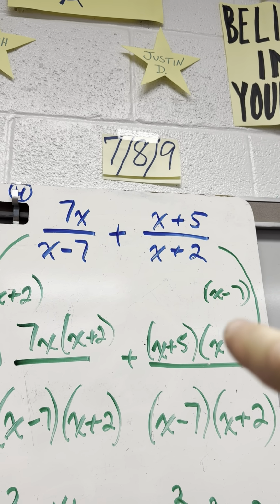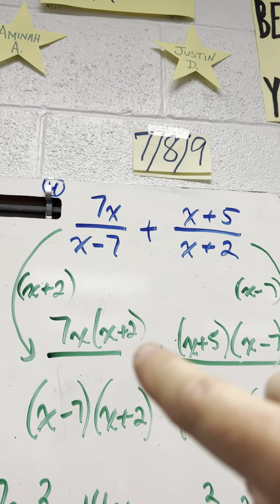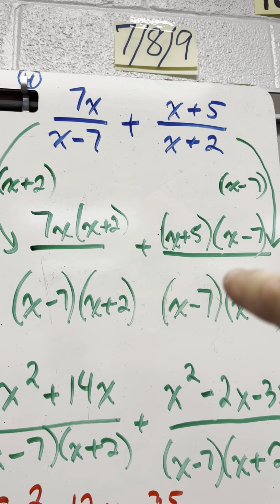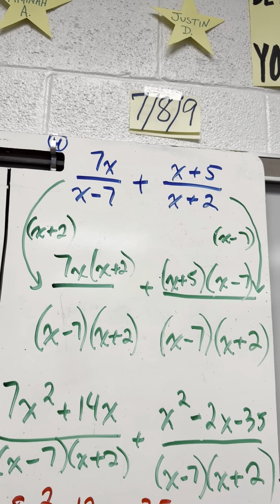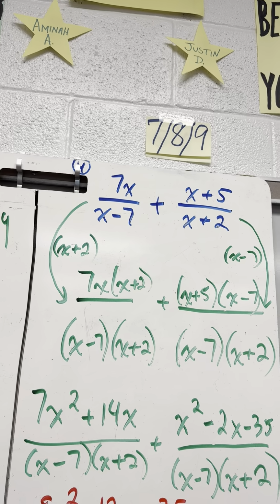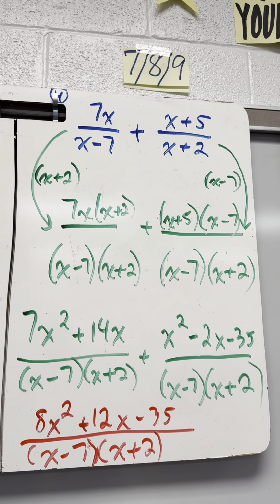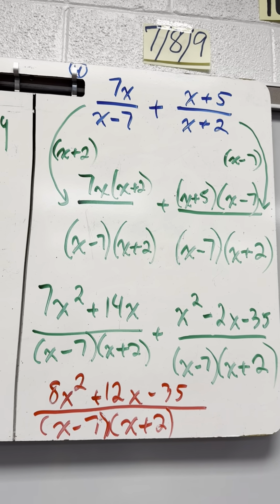So you do x plus 5 times x minus 7. Here you have to distribute: 7x squared plus 14x. Here you have to FOIL: x squared minus 2x minus 35. Combine like terms. You get 8x squared plus 12x minus 35 all over x minus 7, x plus 2.